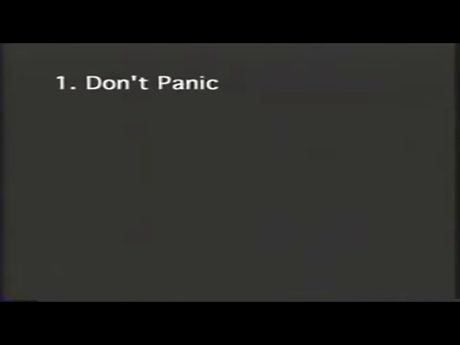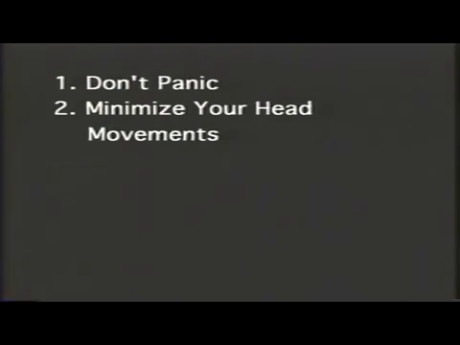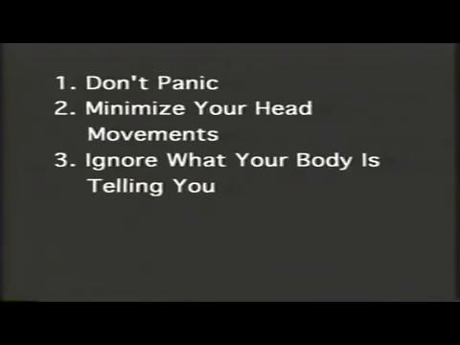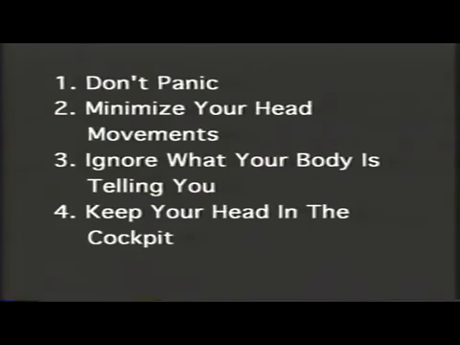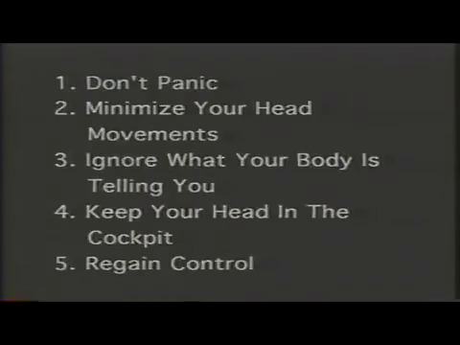Don't panic. Minimize your head movements. Ignore what your body is telling you. Keep your head in the cockpit and scan the flight instruments. Regain control, as the military suggests, by making the instruments read right.